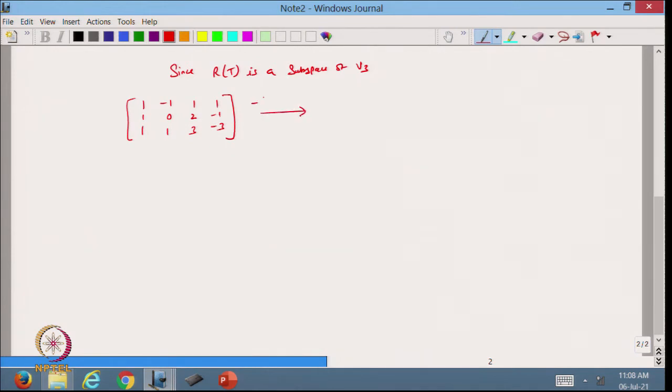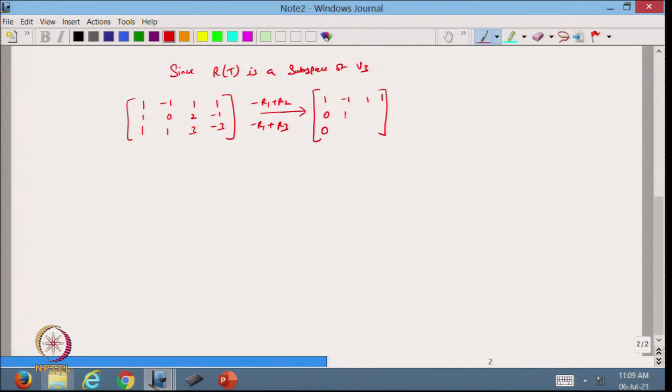So, I will write R2 minus R1, and R3 minus R1. I can write 1 1 1. So, this becomes 0 and this is also becoming 0. So, I am multiplying with -1.